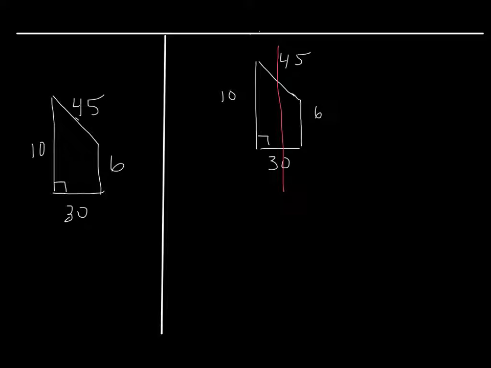And now here are my two trapezoids. I've got this big trapezoid on this side and the smaller trapezoid on that side. The number that I don't need, because it's not connected to my right angles at all, is the 45. So that's the number I can cross out. Now I use my area formula, which is area equals 1/2 h times (b1 plus b2).